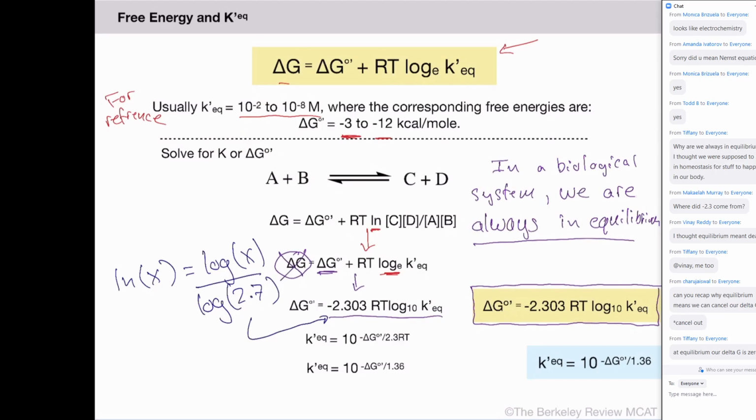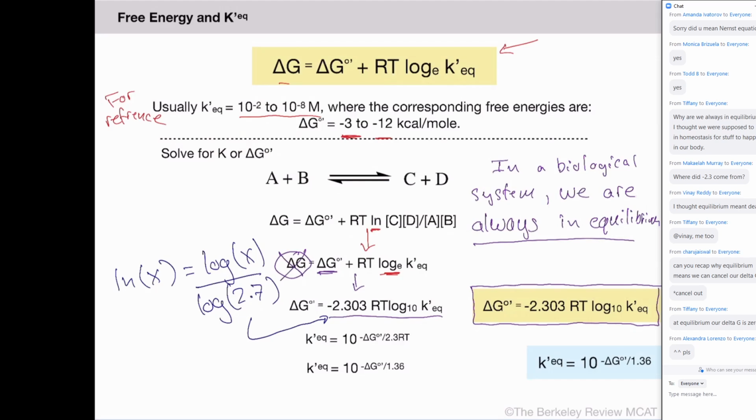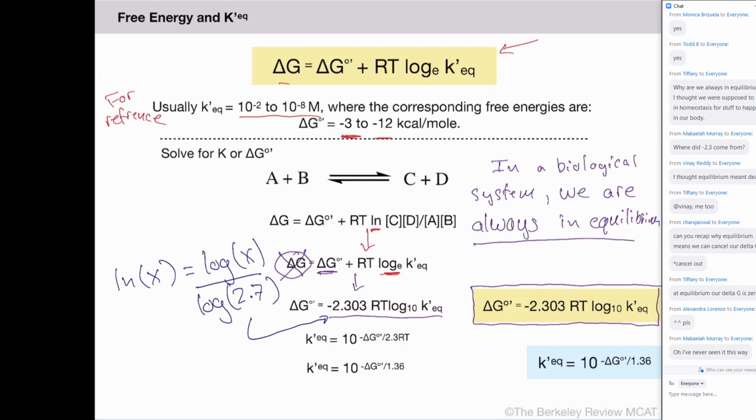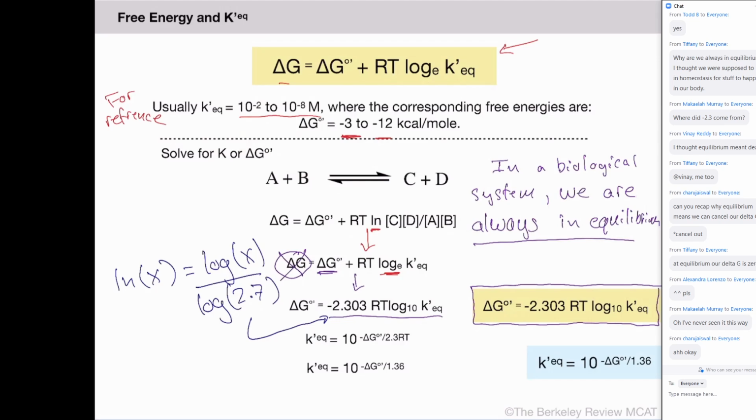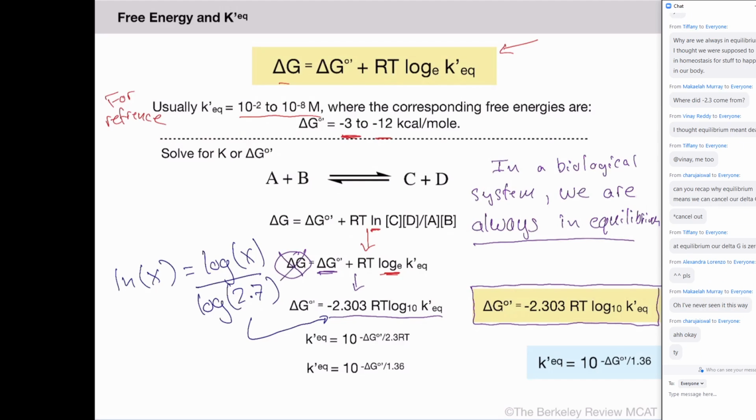Does that make sense? And at equilibrium, our delta G is 0, but not our delta G naught prime, because that's under standard conditions of 1 mole product, 1 mole reactant.